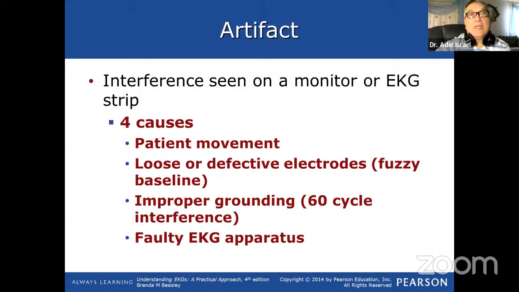Like I told you, let the patient completely relax, not talking, not moving, not laughing, not getting cold. So patient movement, loose or defective electrodes, improper grounding, and a faulty EKG apparatus can all lead to artifact.